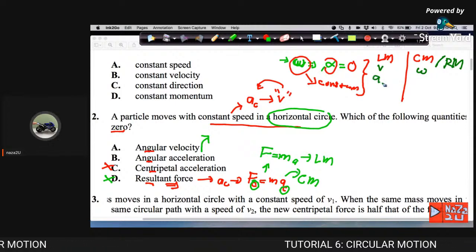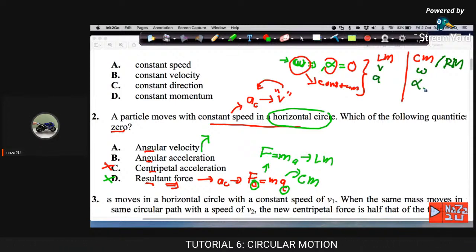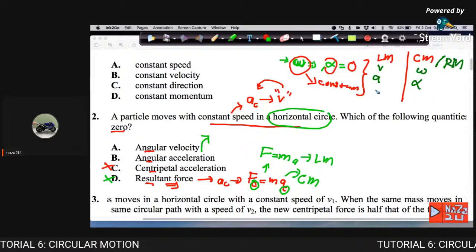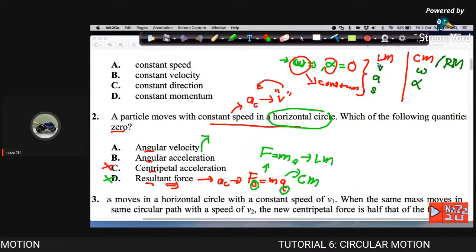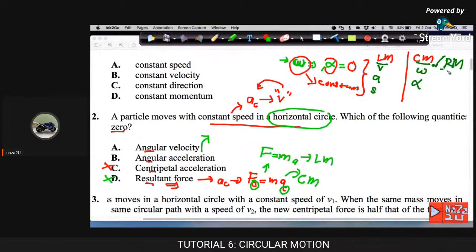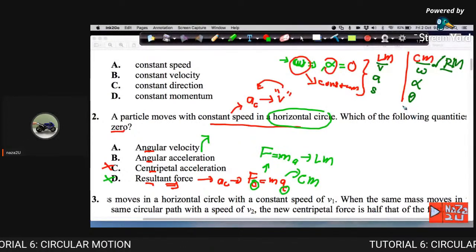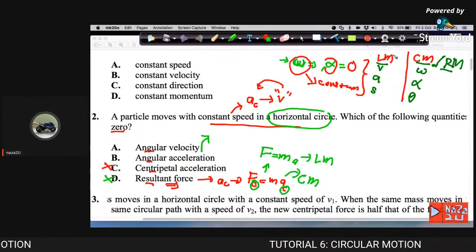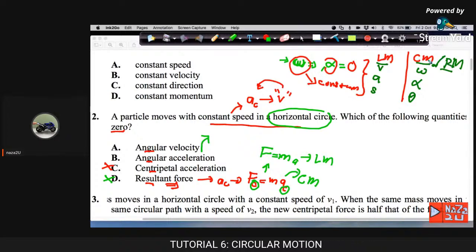Acceleration for linear motion corresponds to alpha, angular acceleration. Displacement s for linear motion is theta in circular or rotational motion. This is how you can relate linear motion to rotational motion.